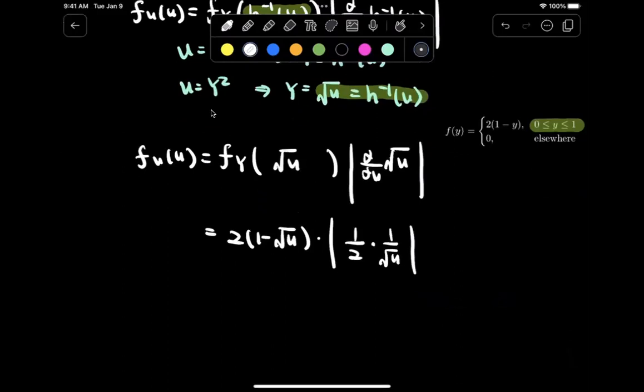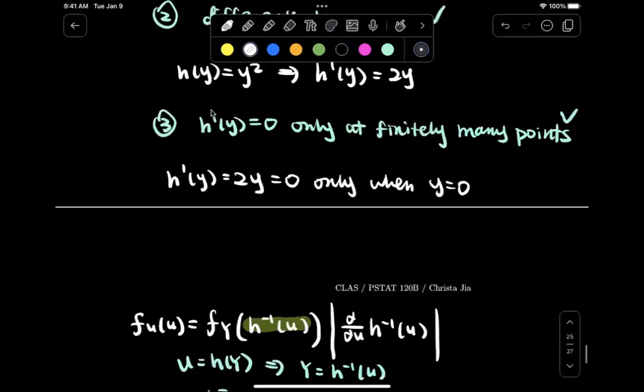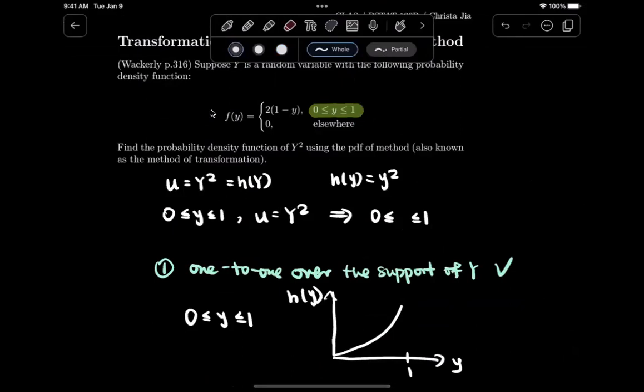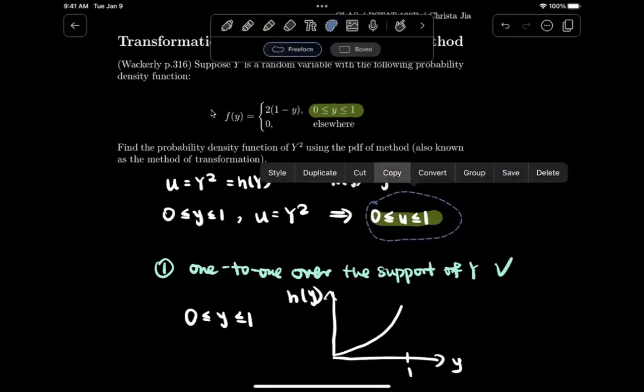And so we have already figured that u always takes values between 0 and 1.